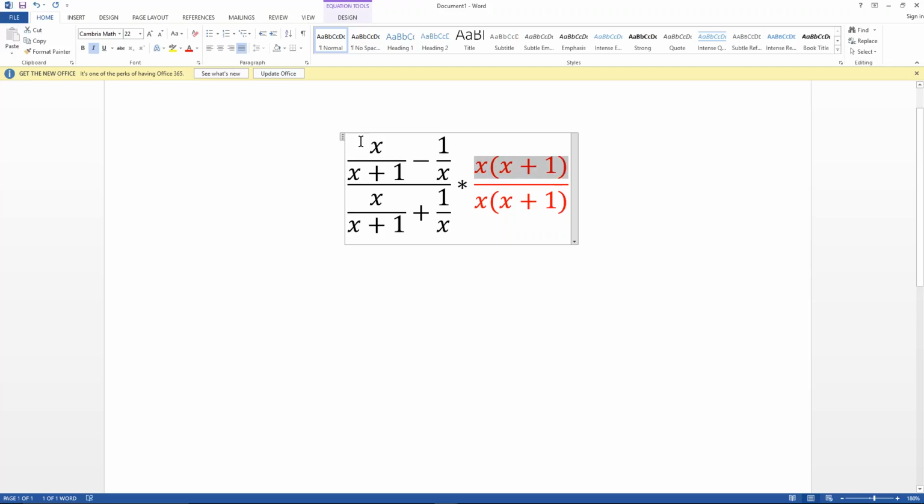Look at this one right here, and look at this one. I'm going to highlight it. Plus 1? Right. The x plus 1 cancel. That's right. Leaving you only with what? X. Then you multiply that x times this x on top. What are you left with? 1.